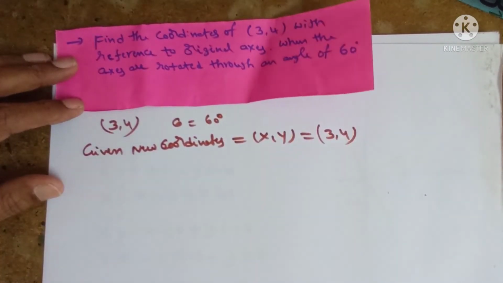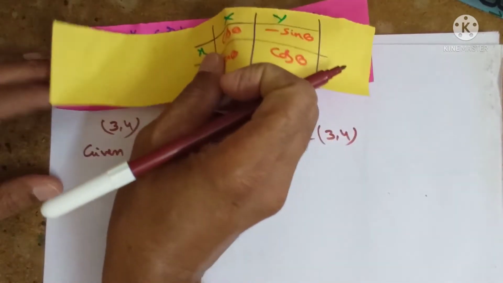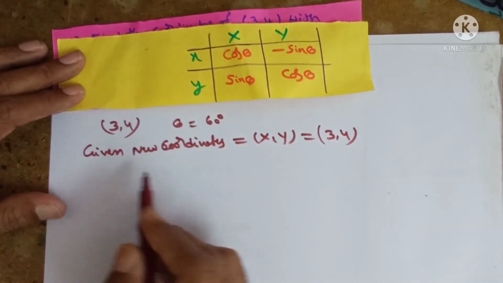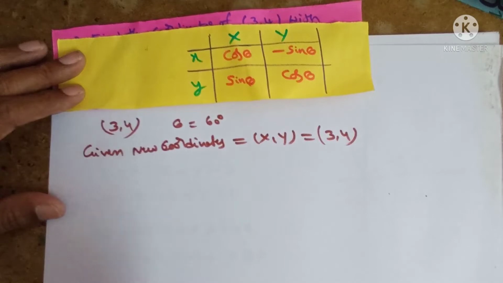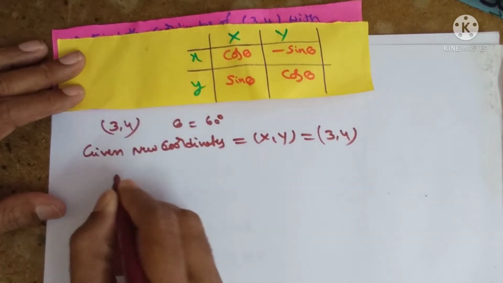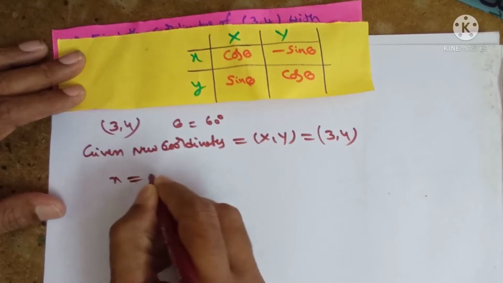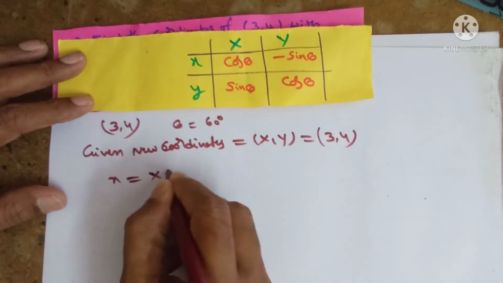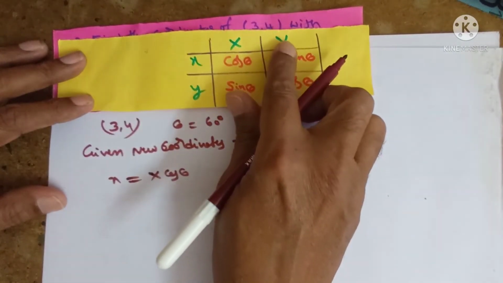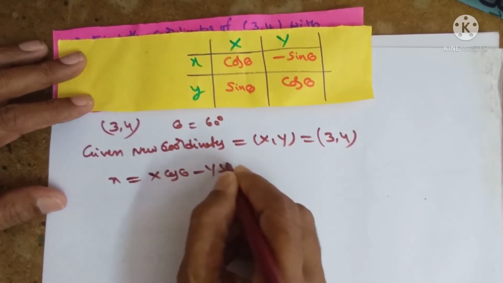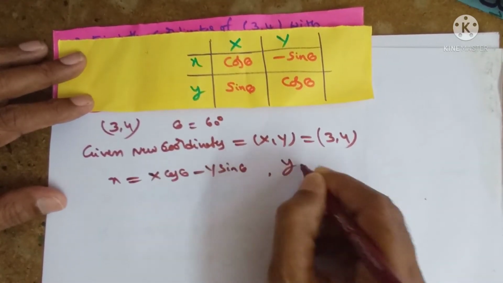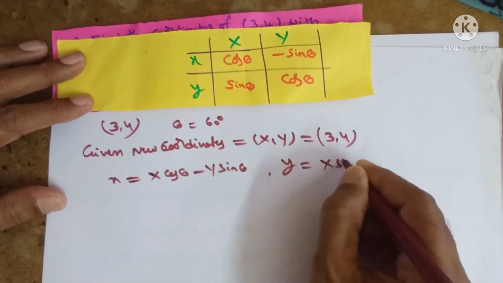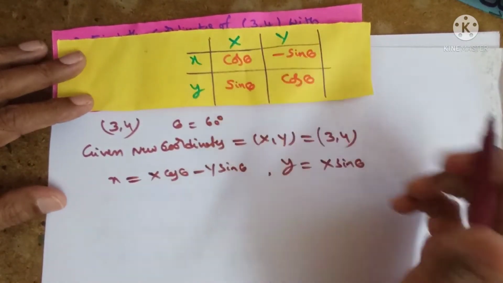So just now I said the formula. This is the table. We have to find the original, which means small x, small y. Small x is equal to cos theta into x, that means x cos theta, minus y sin theta. Small y is equal to x sin theta plus y cos theta.